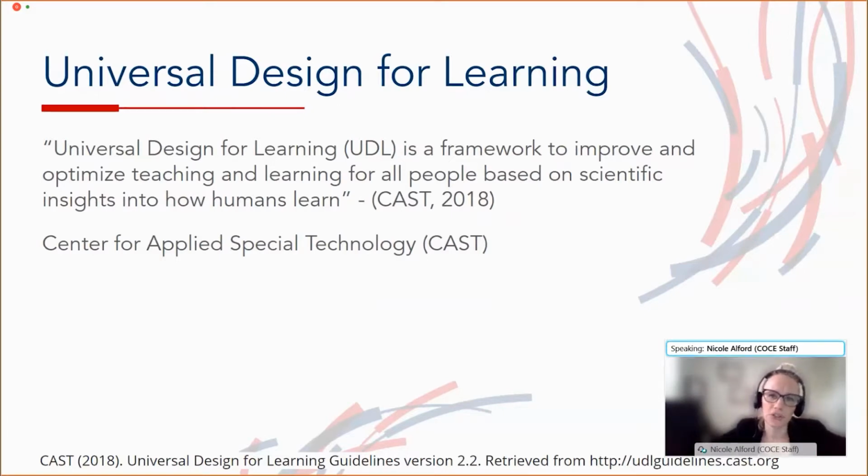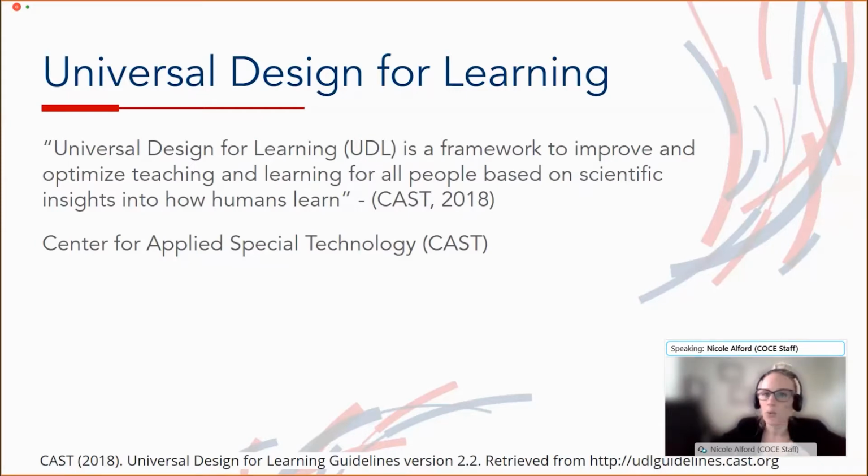Universal Design for Learning is a framework to improve and optimize teaching and learning for all people based on scientific insights into how humans learn. So this really is for all subjects, all classes, and all students, which is why we named the title of this presentation for all students.